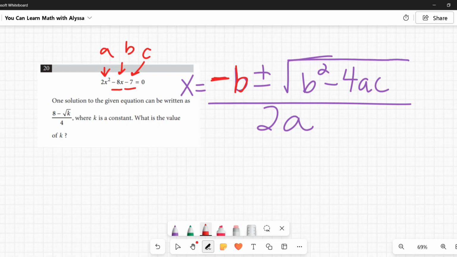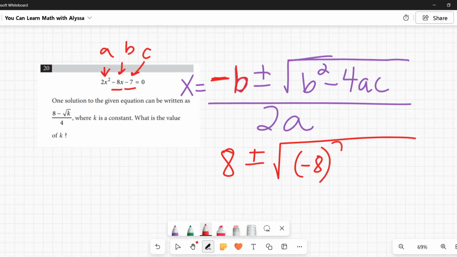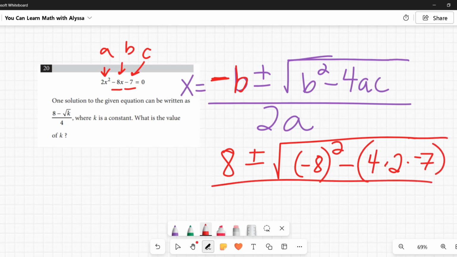My b in this case is negative 8, so the opposite of that would be positive 8, plus or minus the square root of b squared minus 4ac, so negative 8, there's my b squared, minus 4 times my a, which is 2, and my c, which is negative 7, and that's going to be all over 2a, or 2 times 2, which is 4. Okay, so the 8 and the 4 are already there, so I know I'm not going to have to simplify anything with this square root.